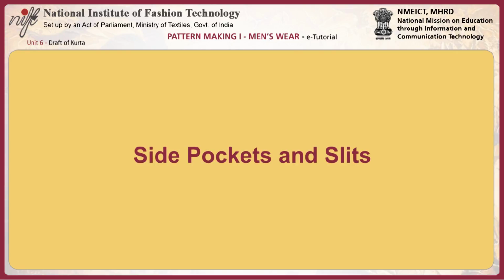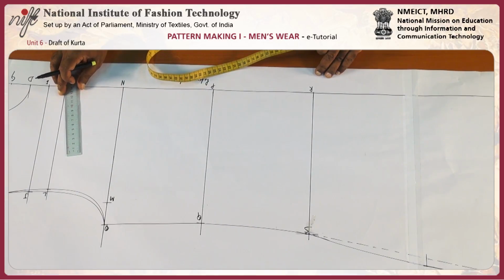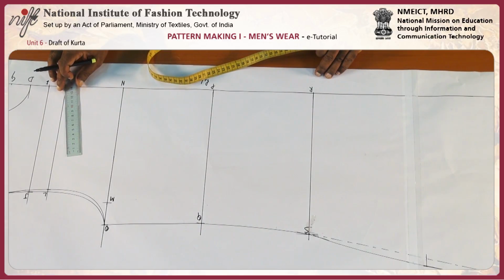Marking up pocket and slit. In kurta, there will be two side pockets with pouches and long slit. Since its length is crossing knee level, we need to give a slit so that the walking flexibility will be there.